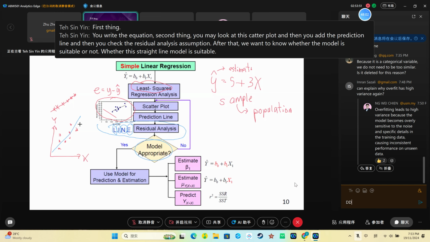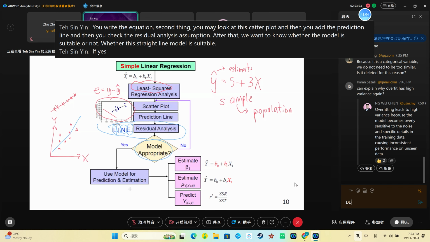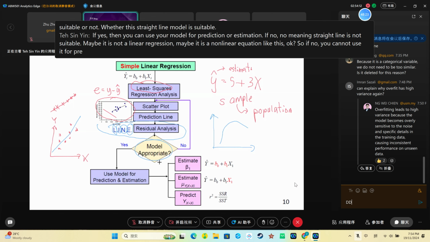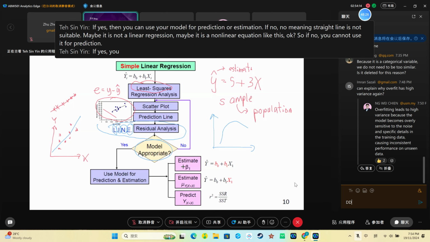If yes, then you can use your model for prediction or estimation. If no, it means the straight line is not suitable. Maybe it is not a linear regression, maybe it is a non-linear equation like this. So if no, you cannot use it for prediction. If yes, you can.